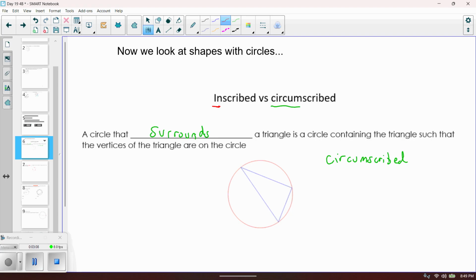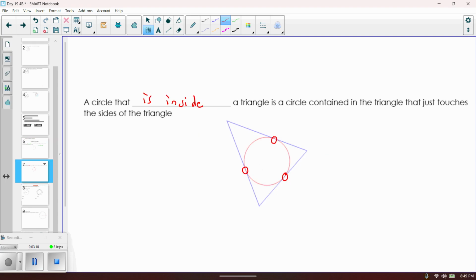Now we're just dealing with triangles here, but just to let you know, that's what has to happen. So this one is called inscribed, again, because the circle is inside of the triangle or inside of the polygon. So that is inscribed.